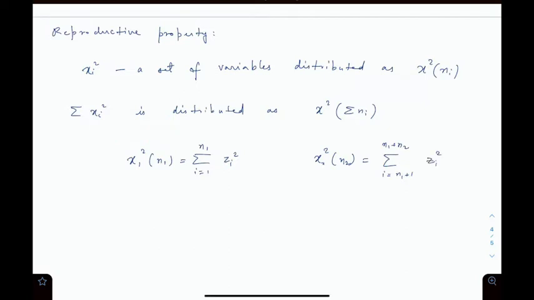So therefore, if you look at their sum, that's nothing but the sum over zi square, i goes from 1 to n1 plus n2. Which from definition is nothing but a chi square with n1 plus n2 degrees of freedom.